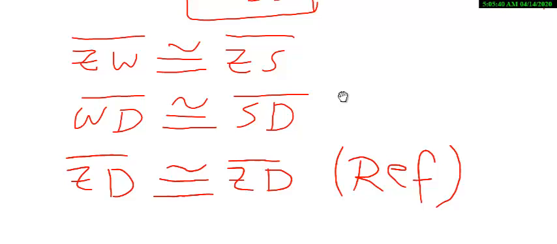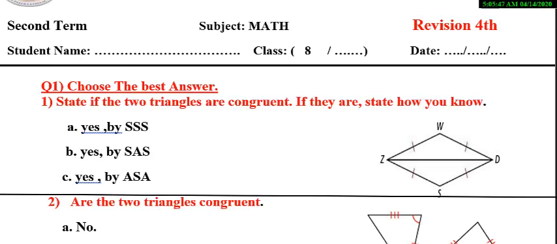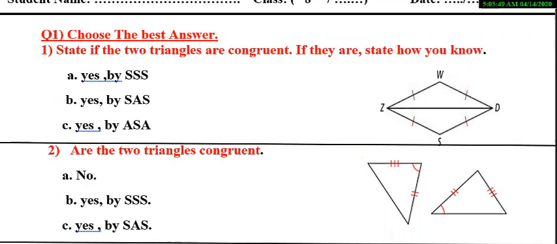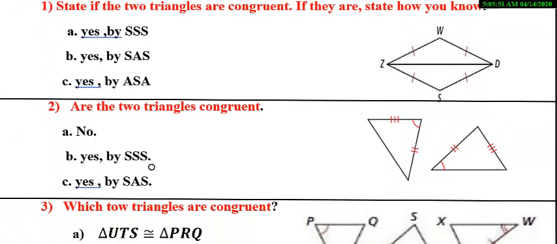We need to move to the next question, which is question number two. We need to get back to the revision sheet. Question number 2 states: are the two triangles congruent? The example gave me two triangles, illustrated here. The side which has 3 dashes is congruent to the side that has 3 dashes, and the 2 dashes match with the 2 dashes.